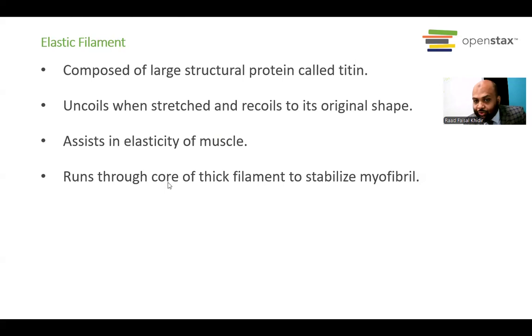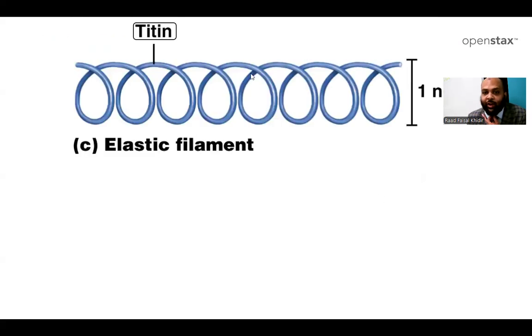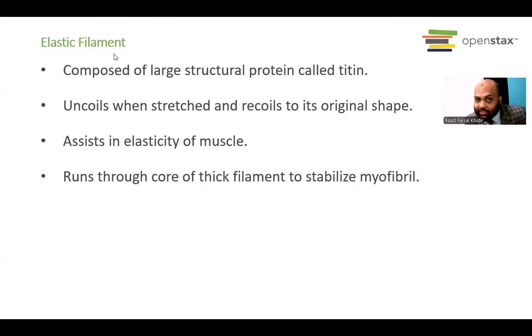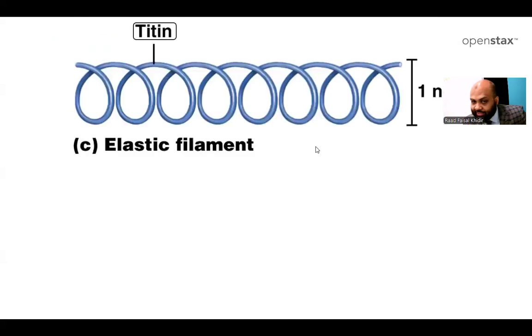It runs through the core of the thick filament to stabilize the myofibril. There we go. What is that? That is the titin. What is the job of titin? Its job is elasticity. Excellent. And recoil. Elasticity and recoil.